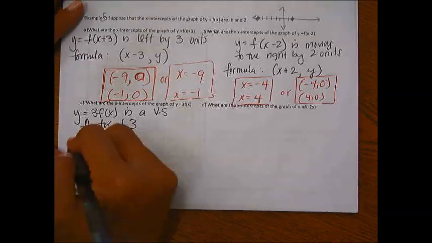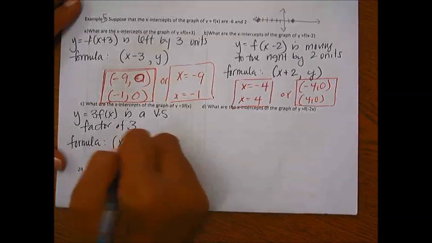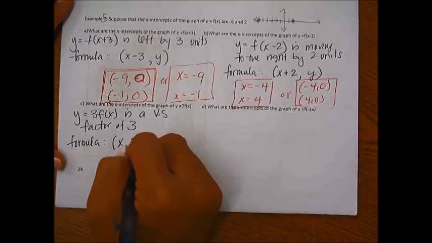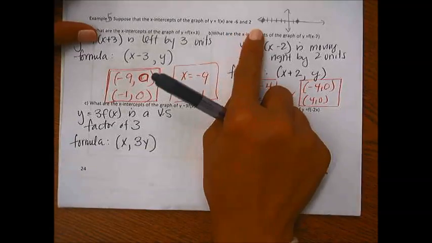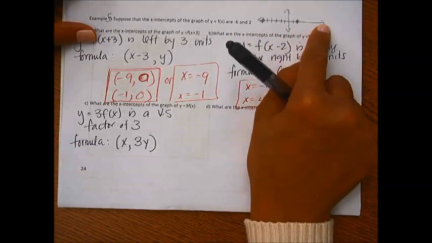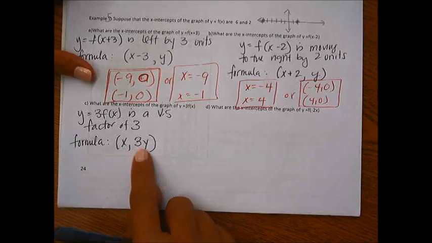Formula: if it's a vertical stretch, x is not going to change. All I'm doing is taking y and multiplying it by 3. Well, at x-intercept locations, y is 0. So 3 times 0 is really itself.